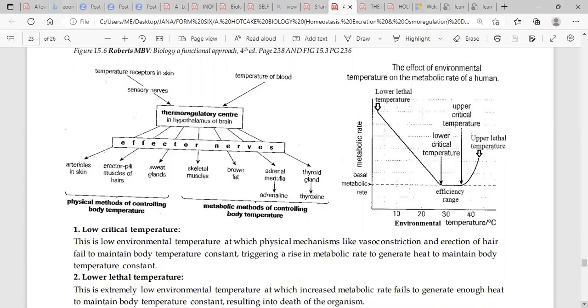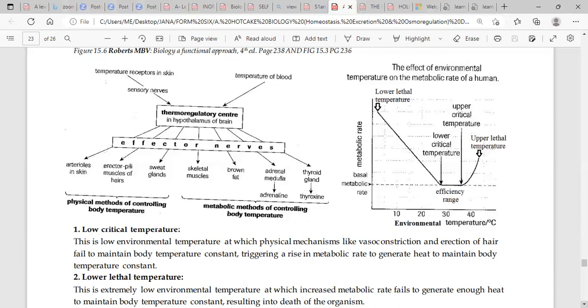Under normal circumstances, we are looking at the metabolic rate down, and then it has the limits. It has the upper critical temperature, the lower critical temperature, then the upper lethal and lower lethal temperature at different temperatures in degrees Celsius.